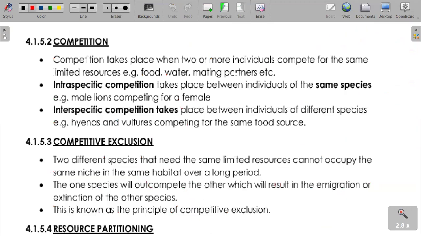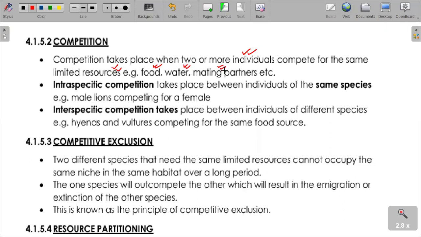Let's just quickly go to this other point. Competition. Competition takes place when two or more individuals compete for the same limited resources. For example, we can talk about competition for food, competition for water, competition for mating partners.